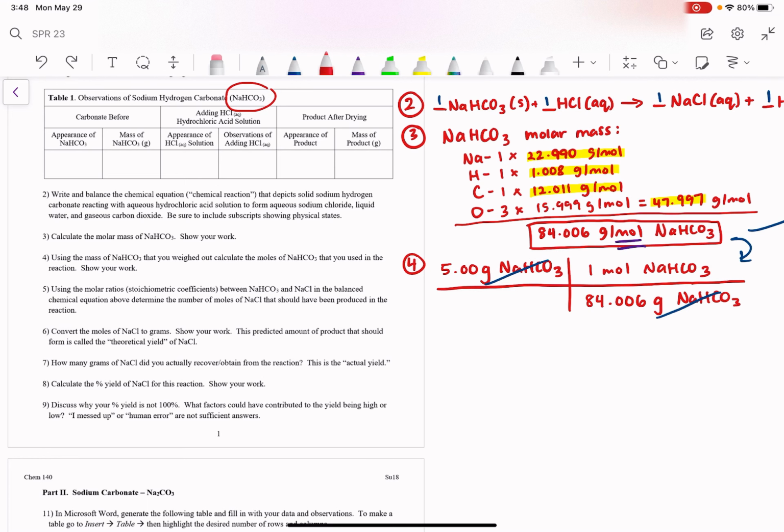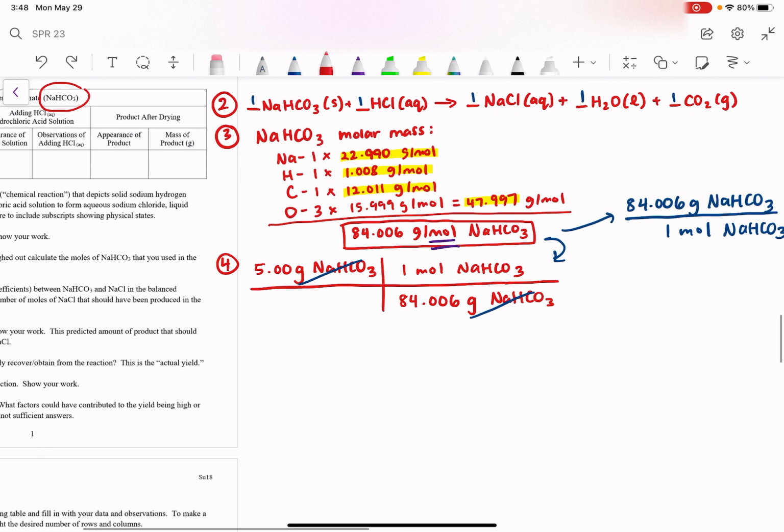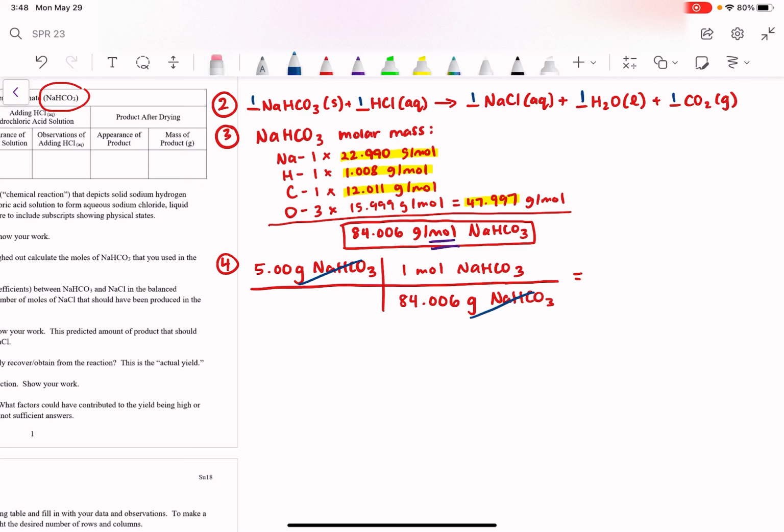All right, so number 5. Let me do that calculation first. So let's get rid of this here. Let's do 5.00 divided by 84.006, which is going to give us 0.059519558 moles of NaHCO3.